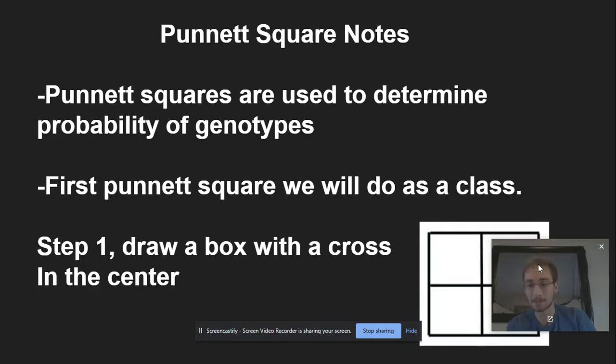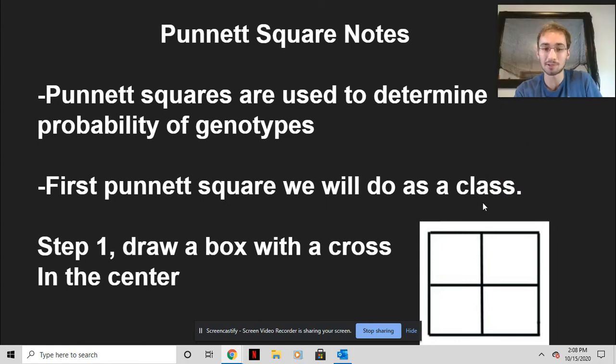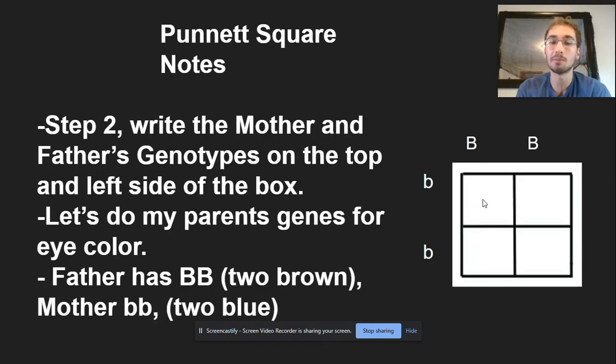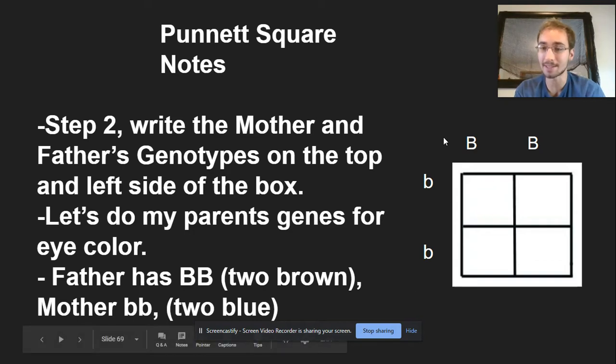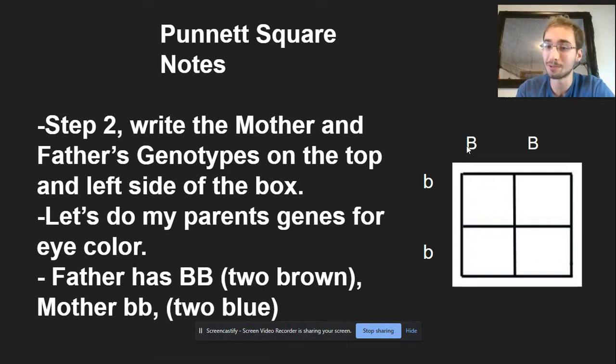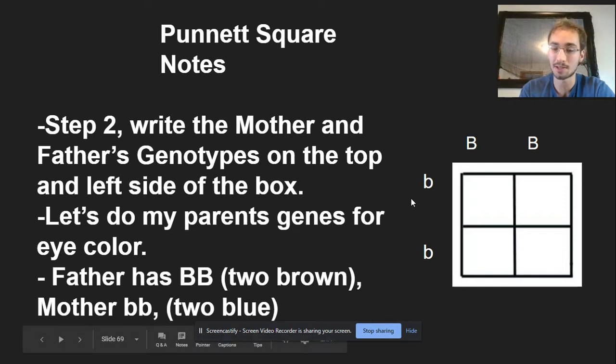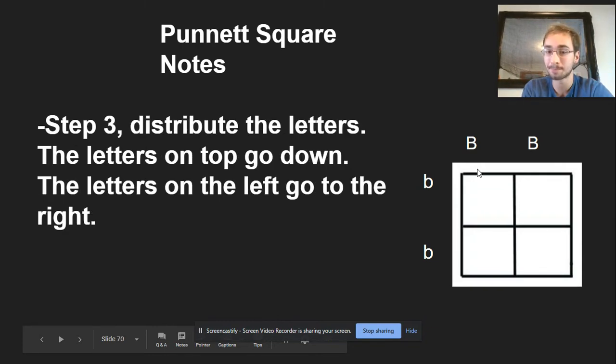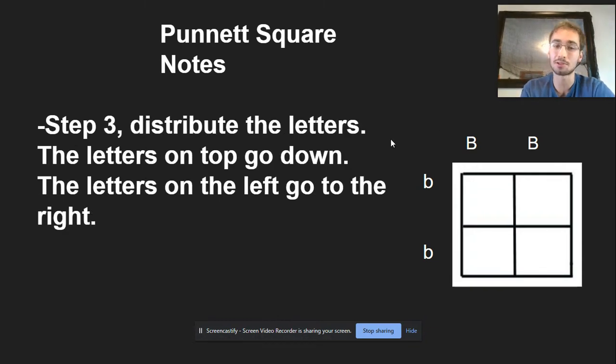The first step: you'll have a box that looks like this, a Punnett square. Then you'll put the mother and father genotypes on top and to the left. Let's say you have a father that's homozygous dominant for brown eyes, and a mother that's homozygous recessive, or has blue eyes. Now we're going to figure out the possible options that the kids will have. The next step is to distribute the letters.